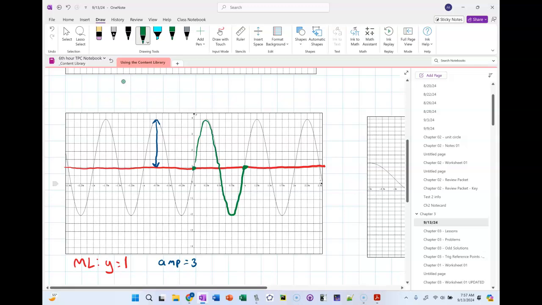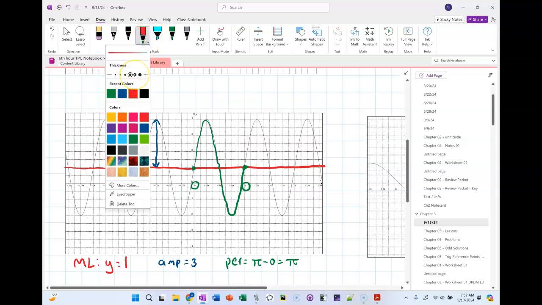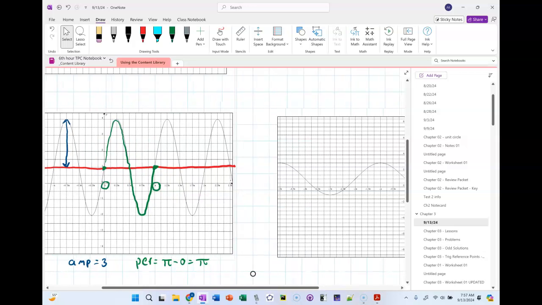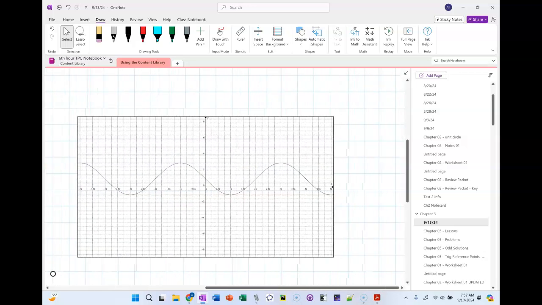So that's going to be the end. So we started at the x value 0, and we ended at the x value pi. So the distance from 0 to pi is just, well, the big one minus the little one. It's pi. Pretty straightforward.